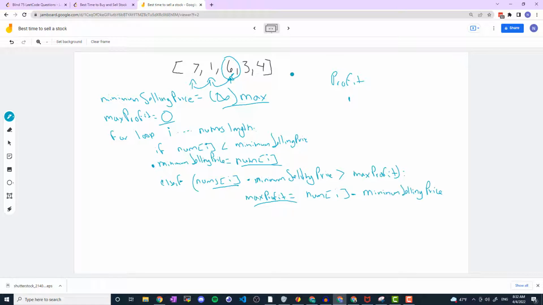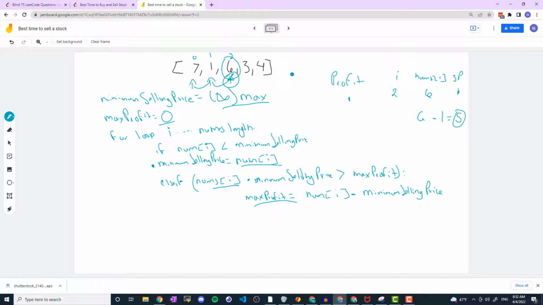Remember that when the pointer is at index 2, meaning I equals 2, nums of I equals 6, but the selling price was 1. So we have 6 minus 1. We have a return of 5. So we are going to update this information here.